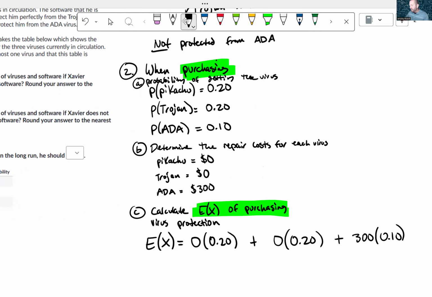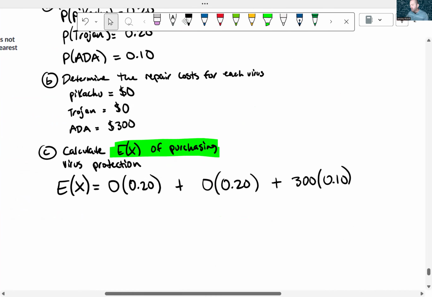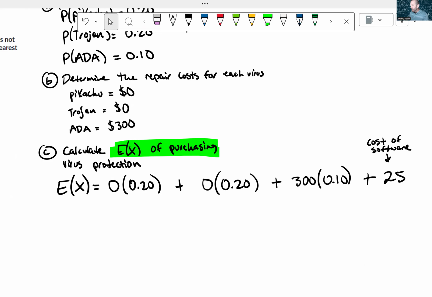We're writing all of the expected value in terms of cost. So we're saying that the cost is positive. So we are not subtracting 25 from this. We're adding $25 to our cost. This is the cost added, or the cost of the software. So we're just adding that to the cost. Okay.